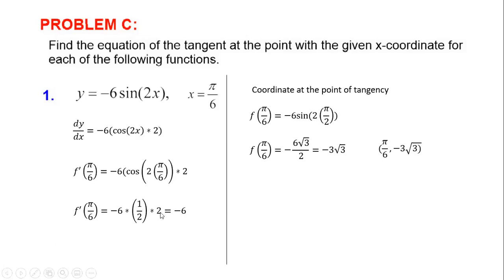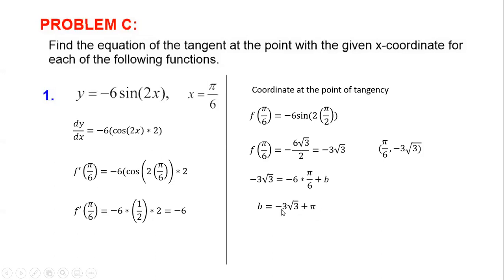I have my slope. We know y equals mx plus b. Let's put it all together. I'm going to put the y value first, equal to the slope times the x value, pi over 6, plus b. This just works out to be minus pi. So I'm going to have this: b equals minus 3 root 3 plus pi.